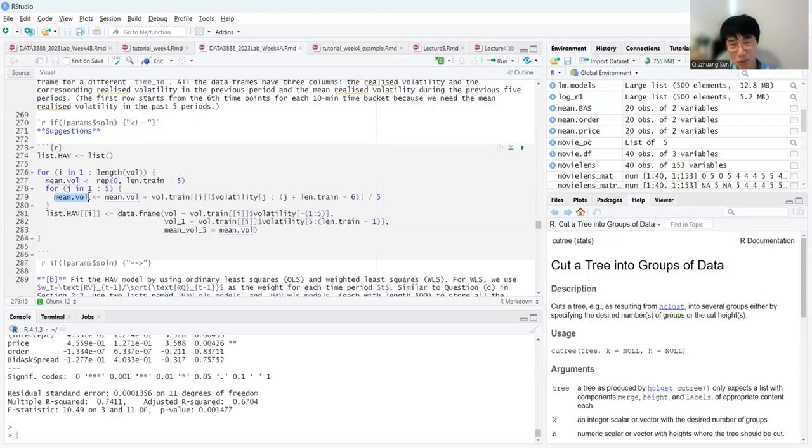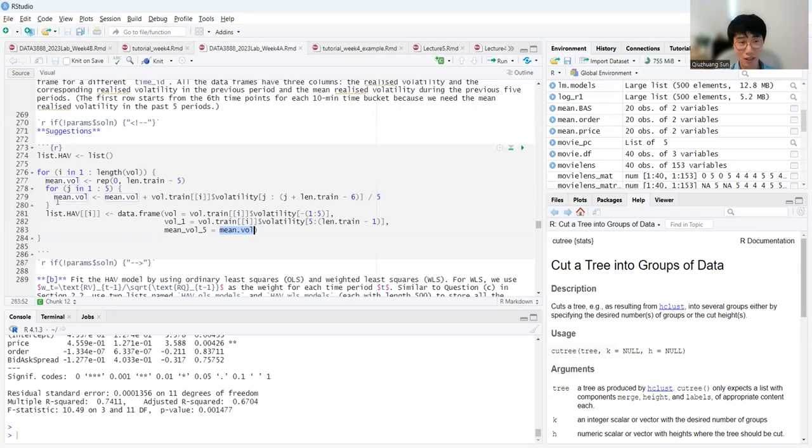It essentially represents the mean realized volatility in each 5 consecutive 30-second time intervals. And I can use this vector as one of the features in the HAV-RV model, because the model needs the mean realized volatility in the past 5 periods.